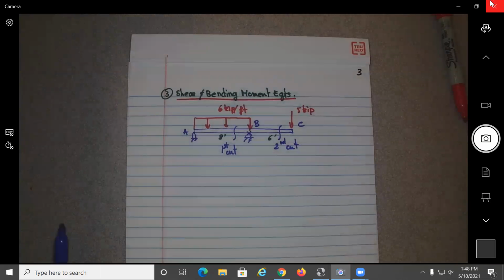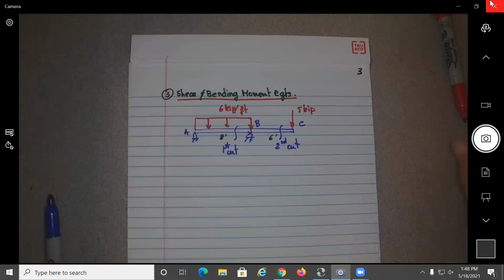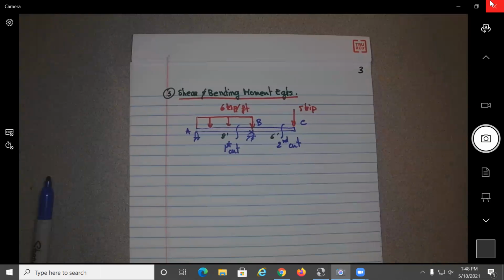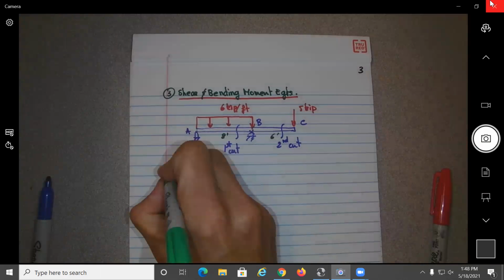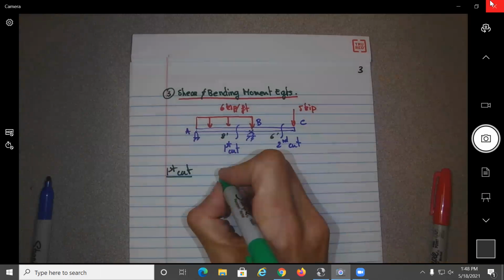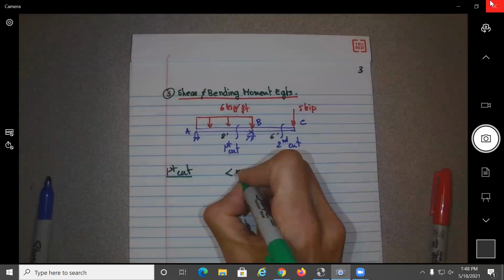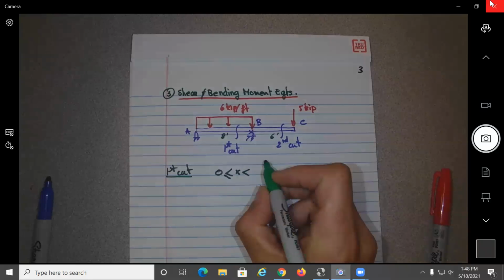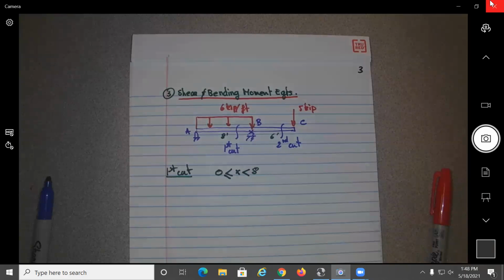All right, so for the first cut, maybe I can do that in, let's see, first cut, which is what? Between x equal to 0 and x equal to 8, not included.